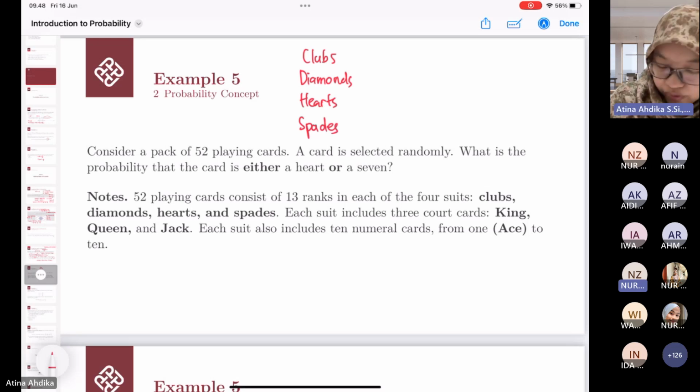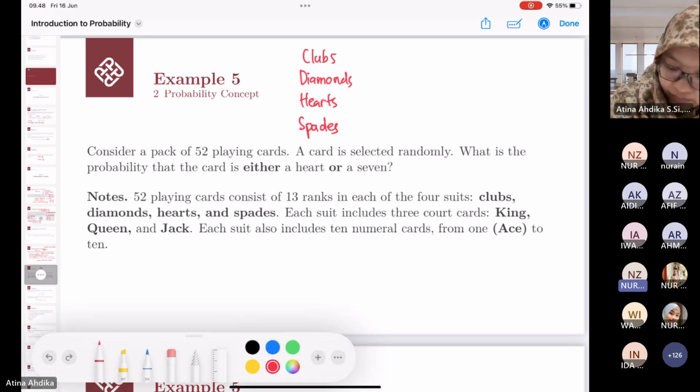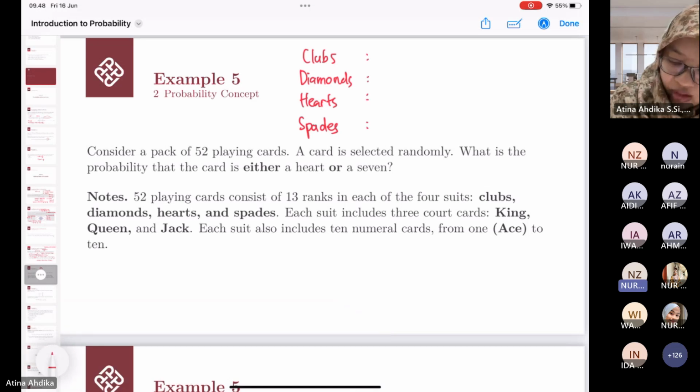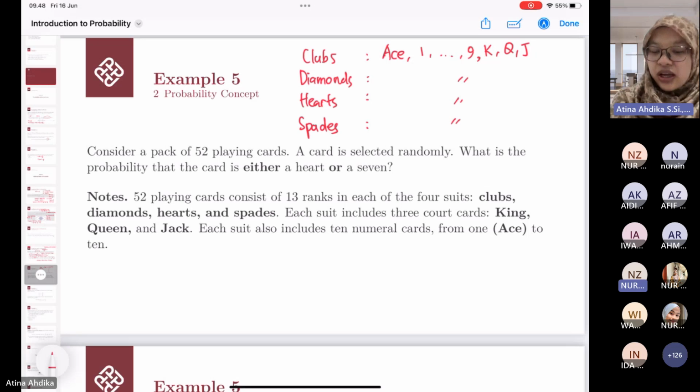And then each of these suits consists of ace and then the cards numbered 1 until 9, and then the additional king, queen, and jack. And it is the same for all other suits. So for each suit, we have 13 cards.